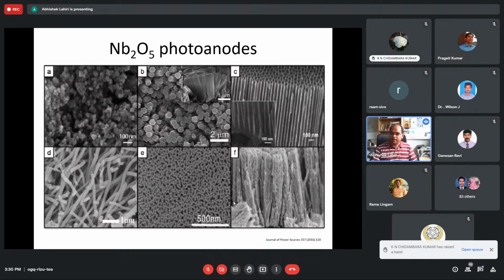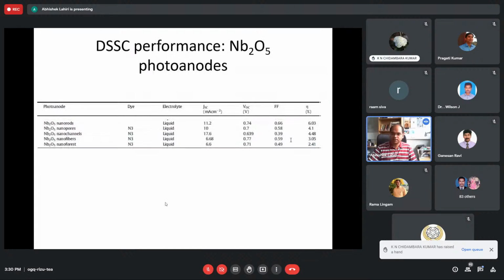Here again, we will compare three things: the nanotubes, nanowires, and various other nanostructures. And one can see, okay, here we don't have the niobium nanoparticles, but in this case, the nanorods have the highest efficiency compared to nanopores or different other nanostructures.